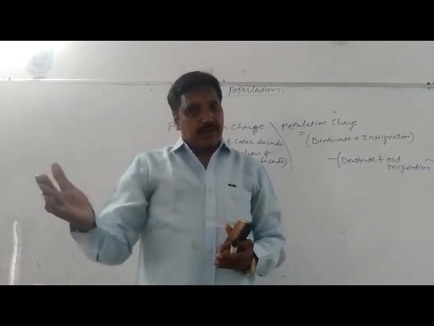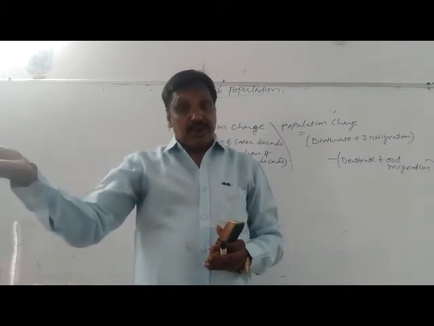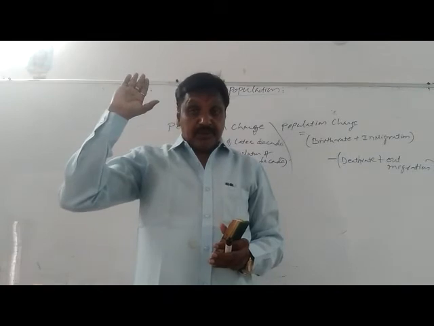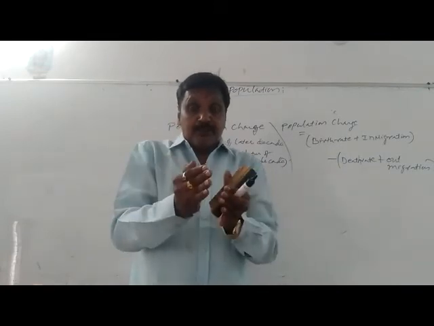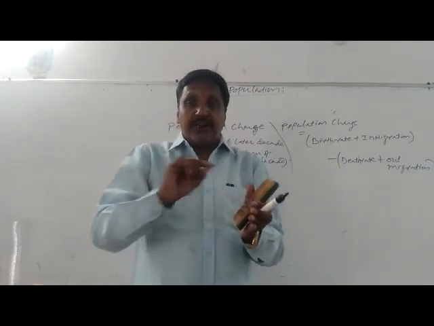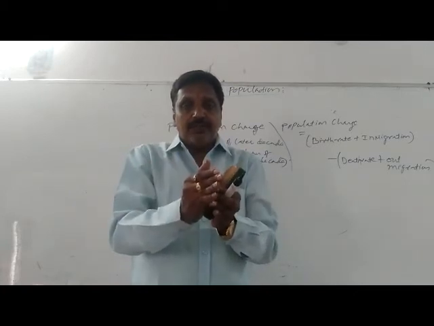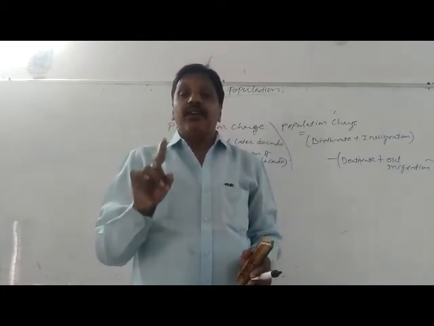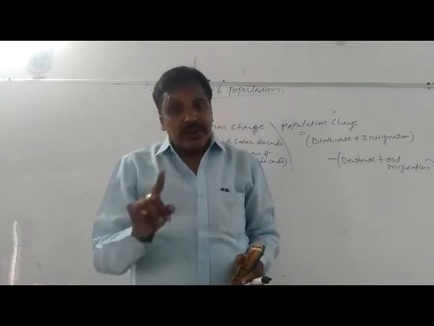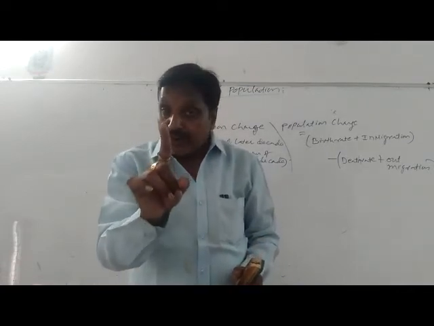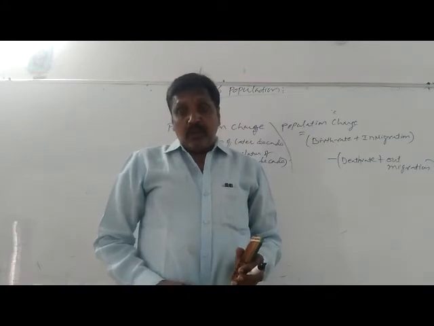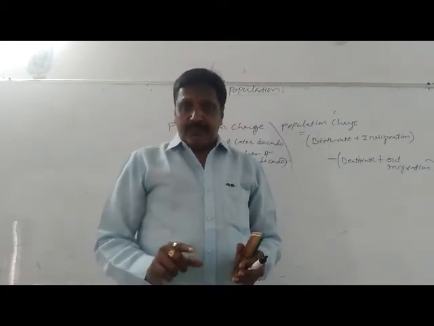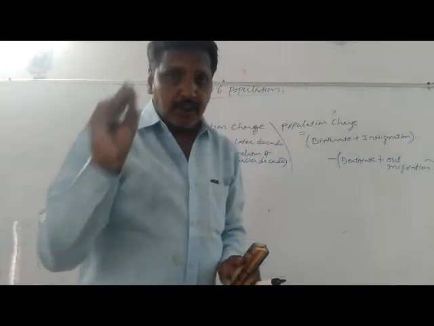Then 21 to 22, again we calculate, 22 to 23, up to 2031. We add them and make an average. Then we get the average population growth in India in 10 years, or 1 decade, or the census period 2021 to 2031. You will understand? I will explain with an example.